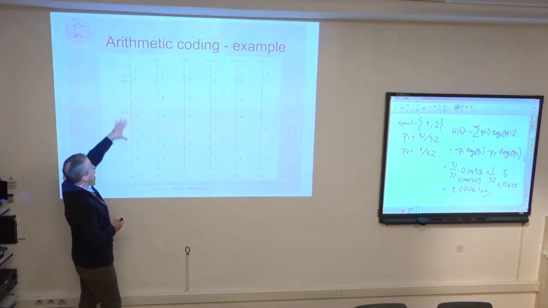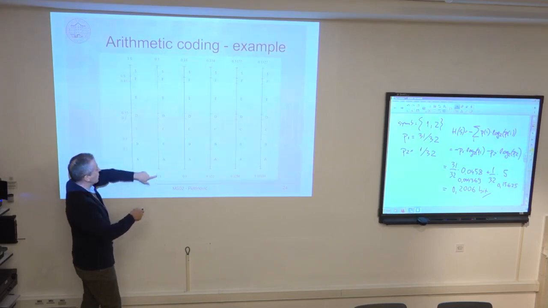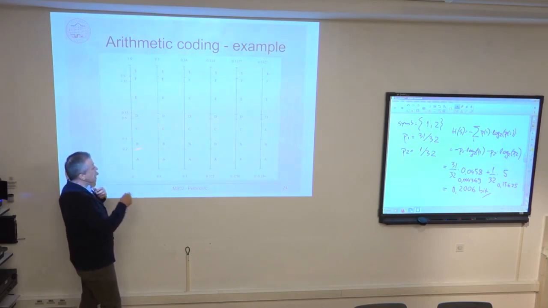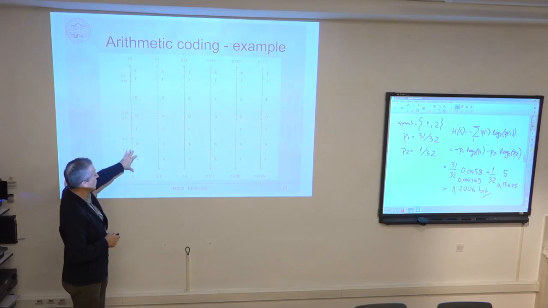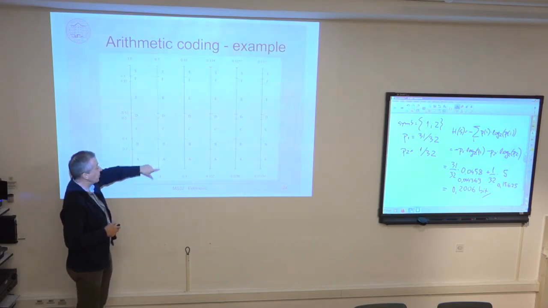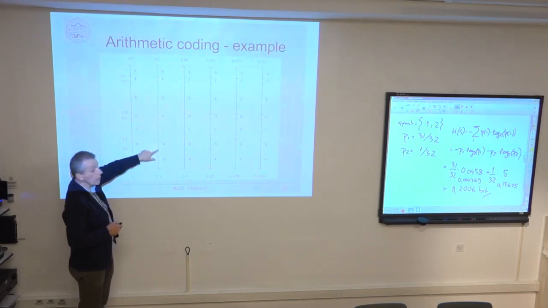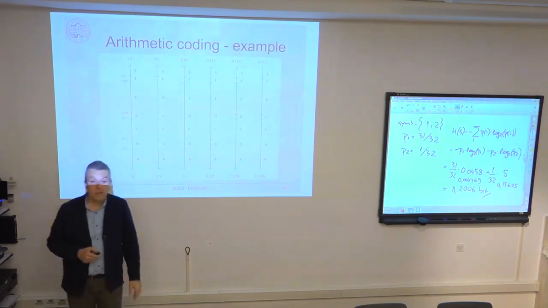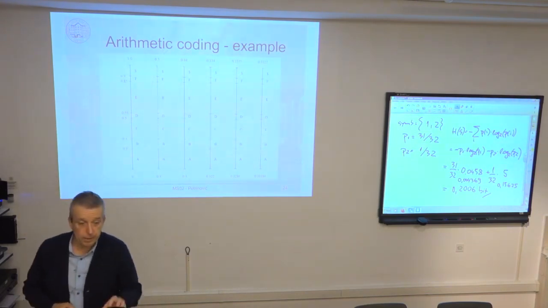So 0.3 to 0.5 is now subdivided into sub-regions in exactly the same way as the first interval. And now I can easily compute that the upper bound for the symbol A is 0.34. So any number between 0.3 and 0.34 is good enough to represent symbol C followed by symbol A, CA.